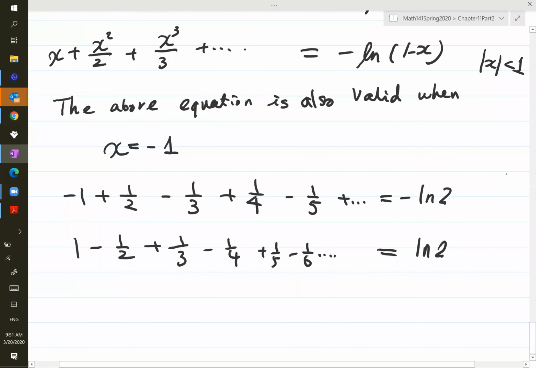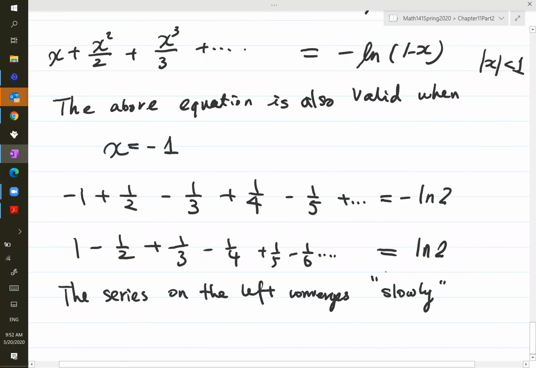The series on the left converges really slowly. So actually we have a better way to make it converge.